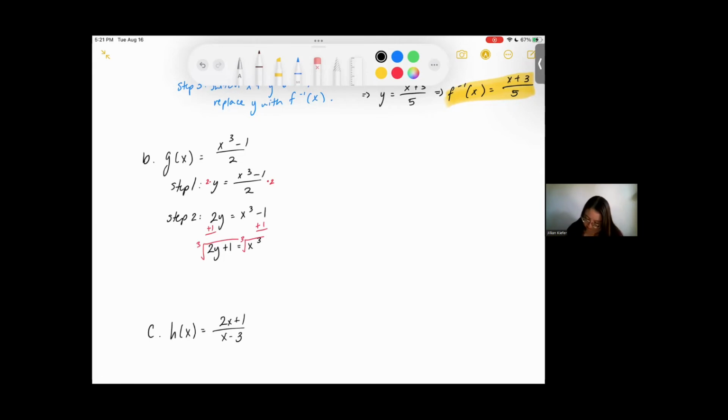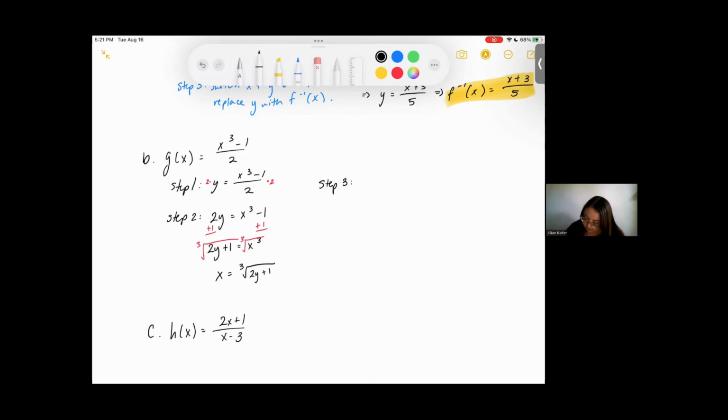When we take the third root of both sides, we get x is equal to the third root of 2y plus 1. And that finishes up step 2. Now our last step here, step 3, remember we're switching x and y, and then we're also going to replace y with f inverse of x.